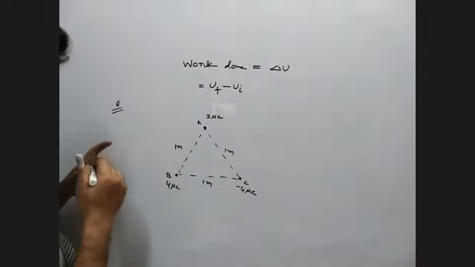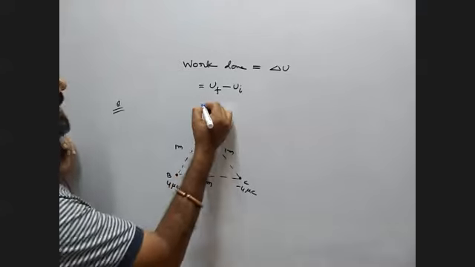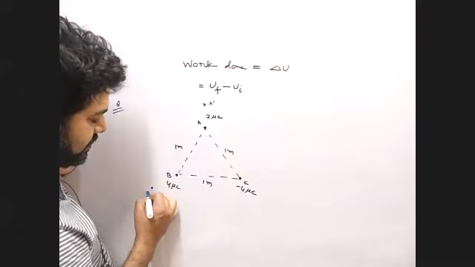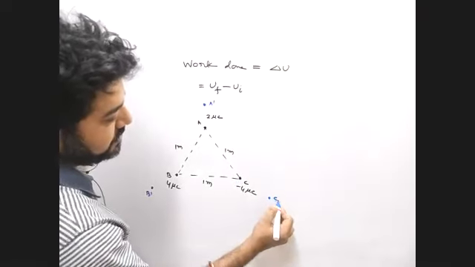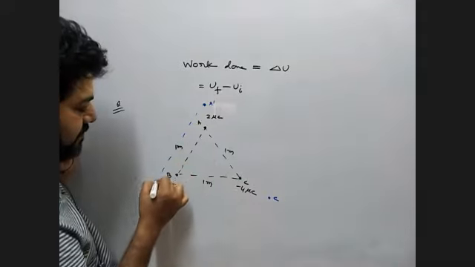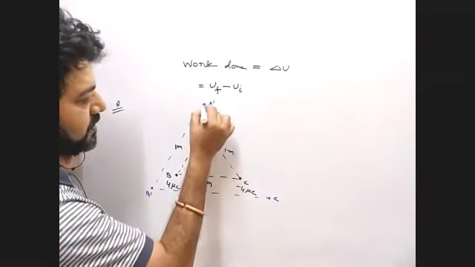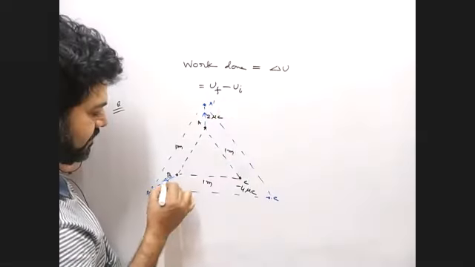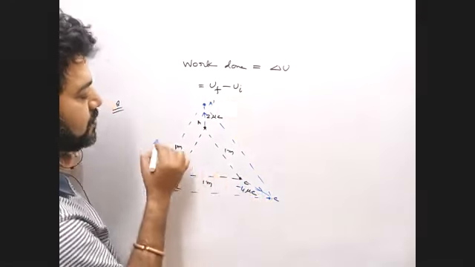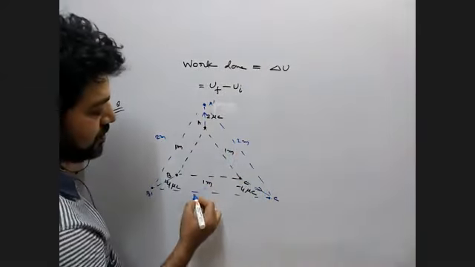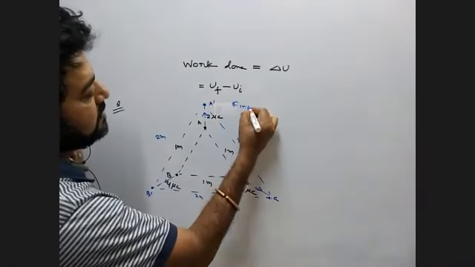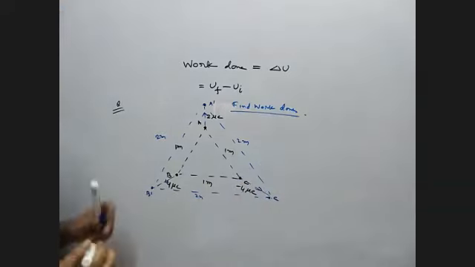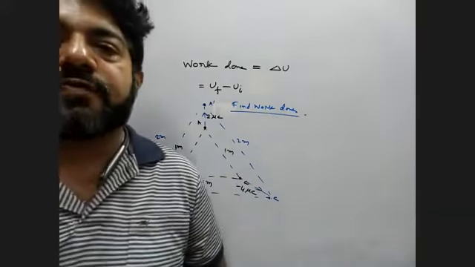Now suppose you move A to A dash, B to B dash, and C to C dash, and the distances between them are 2 meters, 2 meters, 2 meters. Find work done. Try this question. I give you 2 minutes for that.